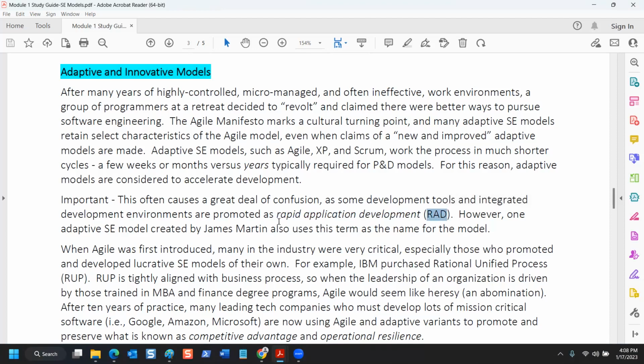When you see a reference to RAD and it's talking about an IDE, that is not a software engineering model. That is a set of programmer tools for rapid development. Like, here it is in the box. Here's an email interface, bolted on. Now you have email features in your application, right?